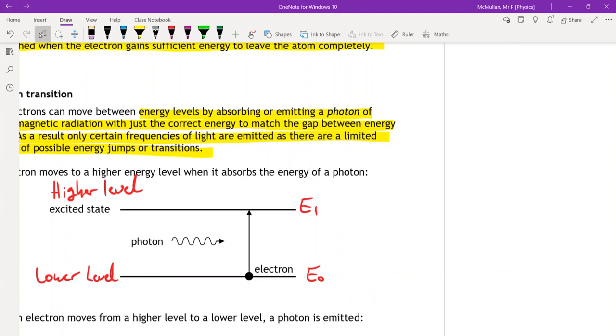The photon enters this metal surface. The electron absorbs the energy of the photon and it moves to an excited state. It goes to a higher energy level. To work out the energy of the photon, all we have to do is find the difference.